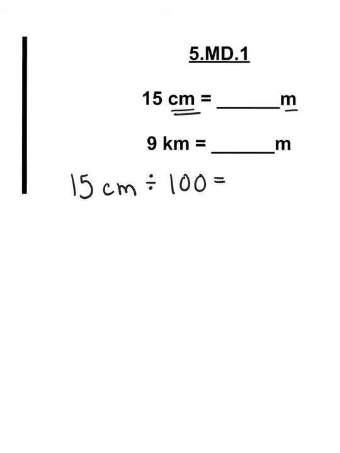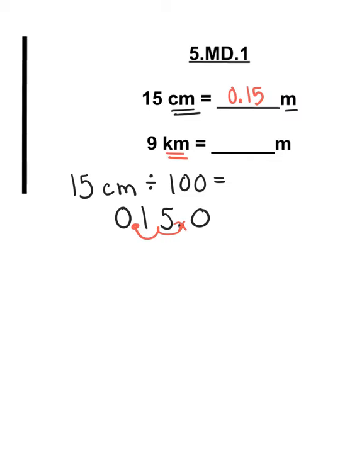So I'm going to take my 15 centimeters, add a 0 as a placeholder. Now the decimal point with whole numbers is understood to be after the ones place. Since I'm dividing, my decimal point needs to move 2 spots to the left. 1, 2. So this number will be 15 hundredths of a meter.